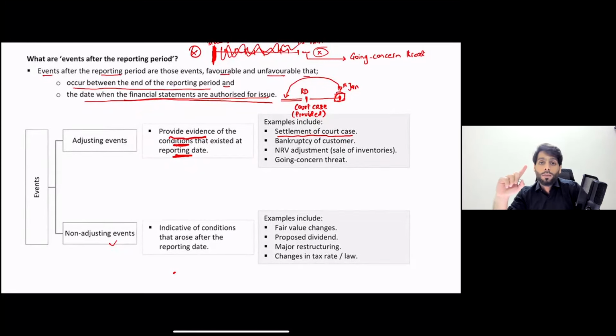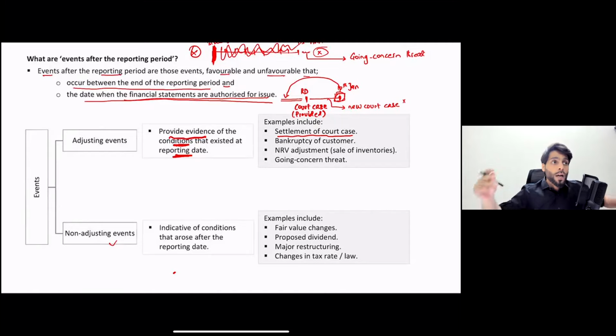So court case is one of the examples. But just to argue, what if a new court case started post the reporting date? A new court case started. Now what will you do then? According to me, it's a non-adjusting event, because if a new court case started after the reporting date, conditions of that event may not have existed at the reporting date.